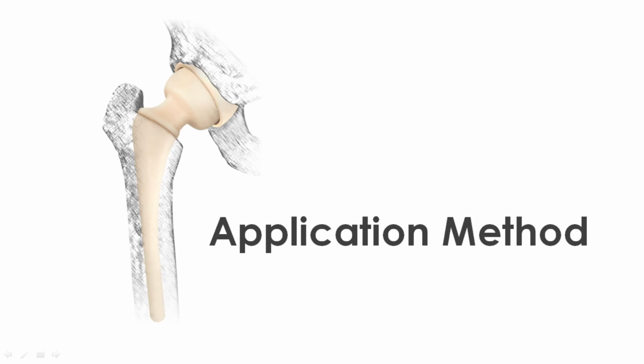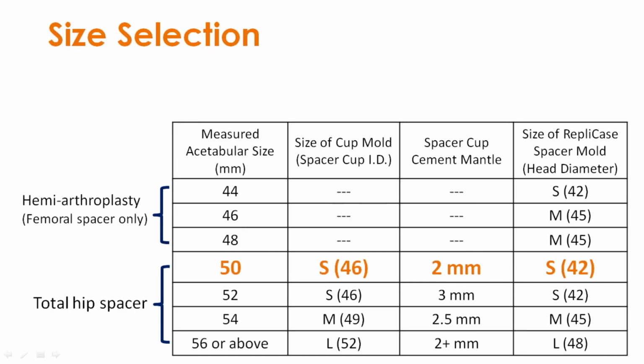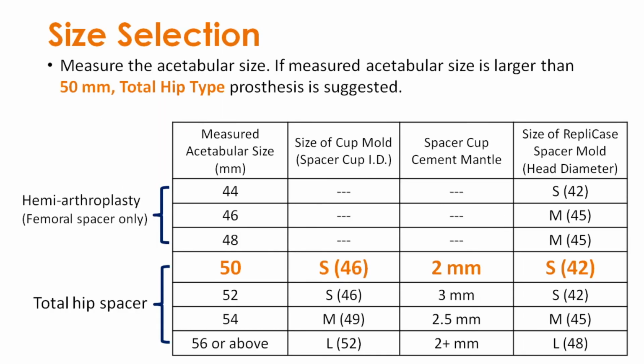Let's see how Replicase works. The first step is to determine the acetabular size by measuring the cup retrieval or the acetabular bone. If the acetabular size is equal or larger than 50 millimeters, total hip cement spacer is recommended to lower the risk of dislocation. If the acetabular size is less than 50 millimeters, hemiarthroplasty is suggested due to the limited space of cement mantle.